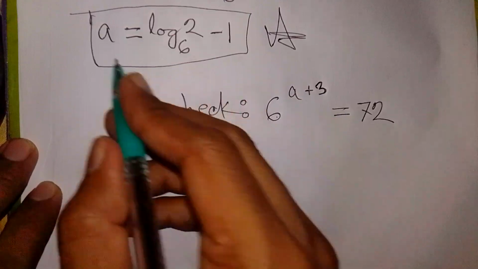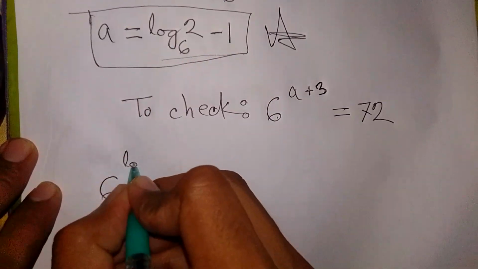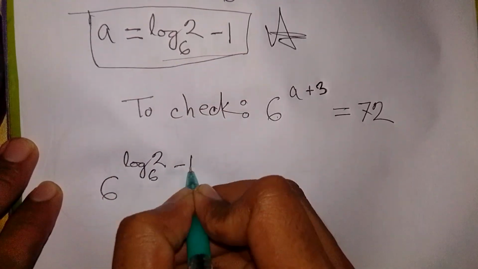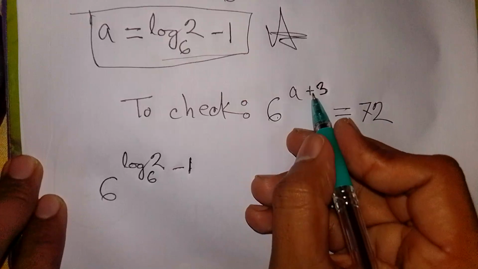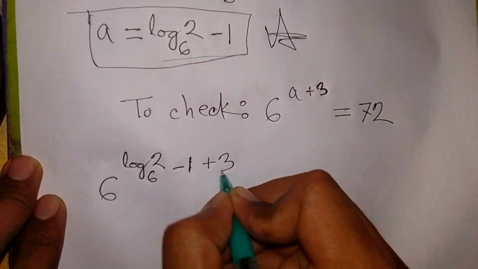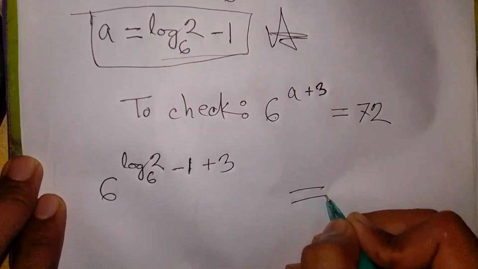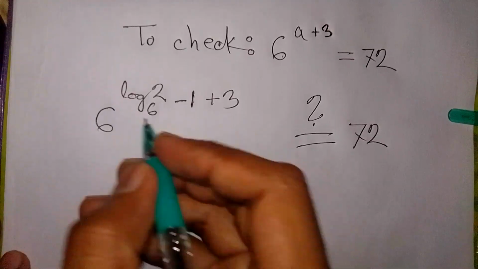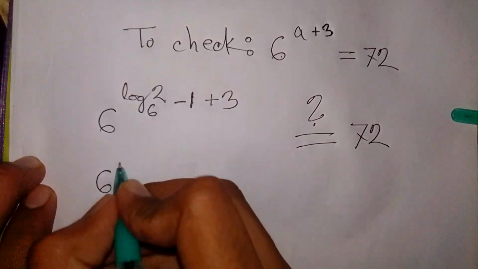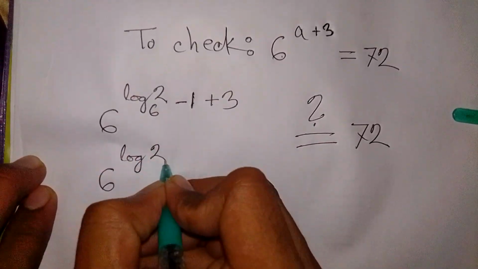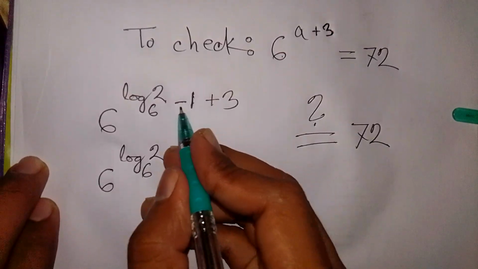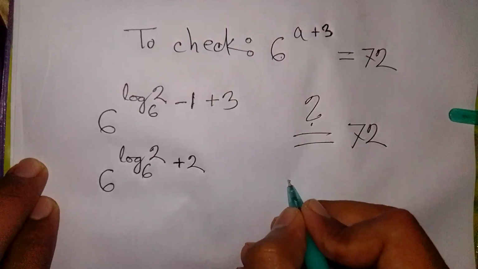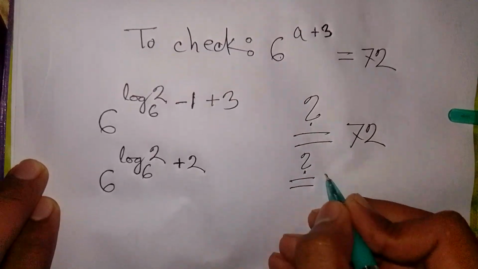So a, that means the value of a, which is log 2 base 6 minus 1, then plus 3. Is it equal to 72? Now we have 6 power of log 2 base 6, then minus 1 plus 3 is the same as plus 2. Is it equal to 72?